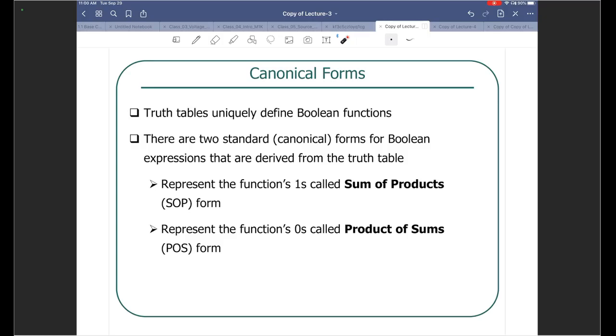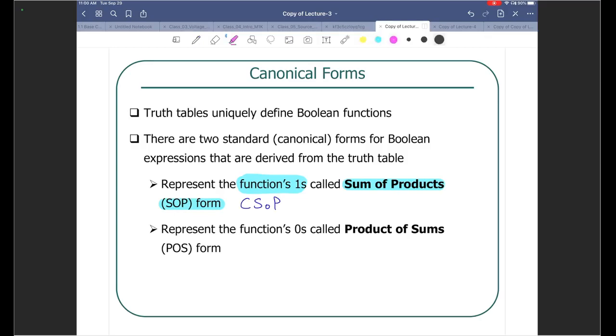Now, using the truth table, you can come up with two standard or canonical forms, which is what we said earlier, right? Sum of product or product of sum. And then we can also convert that to canonical sum of product and canonical product of sum. Sum of products is representing the function ones. Function ones are included in SOP form, or you can also say canonical sum of product.